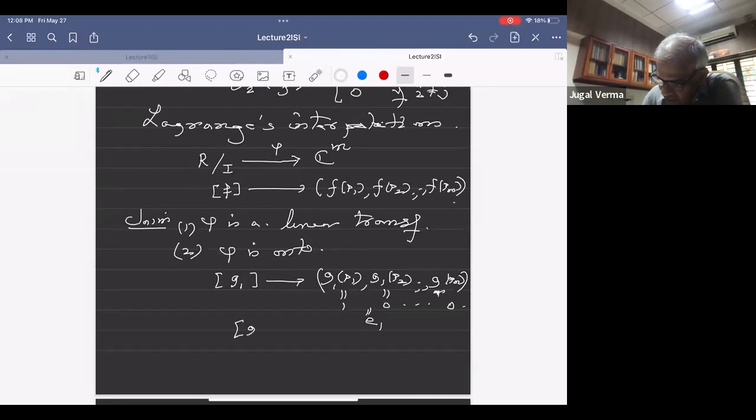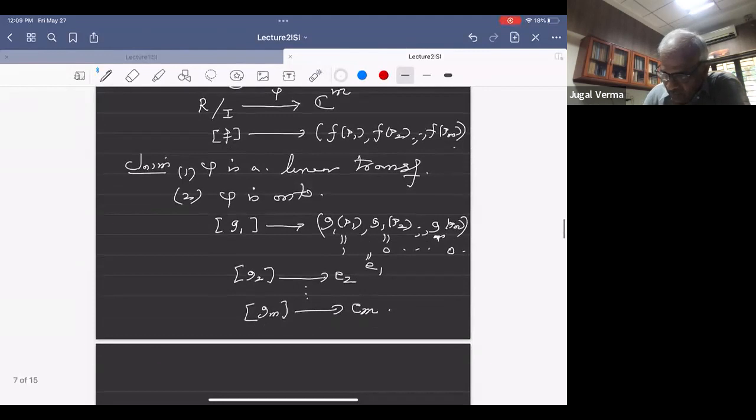Similarly, the residue class of the second Lagrange interpolation polynomial maps to e2, and the residue class of Gm maps to em. Once the basis vectors are in the image, phi is onto.